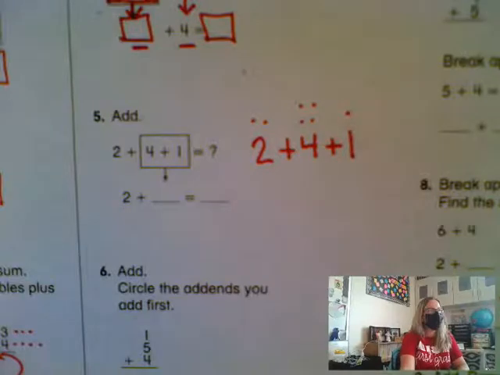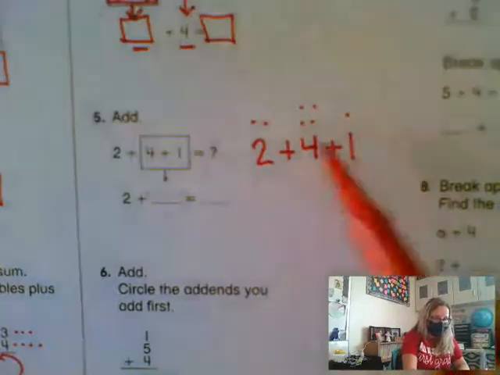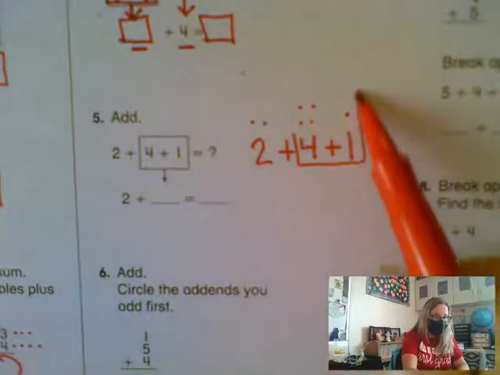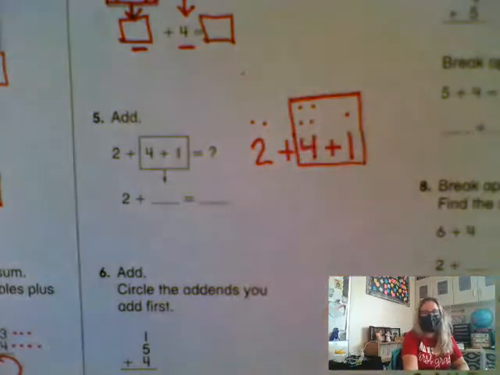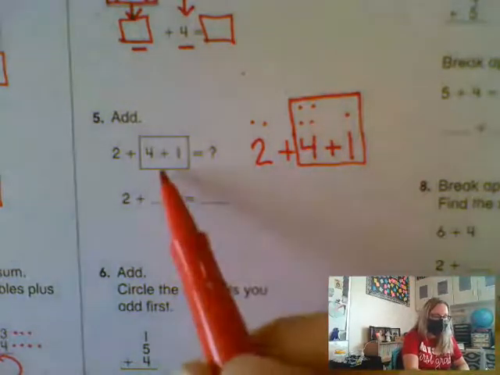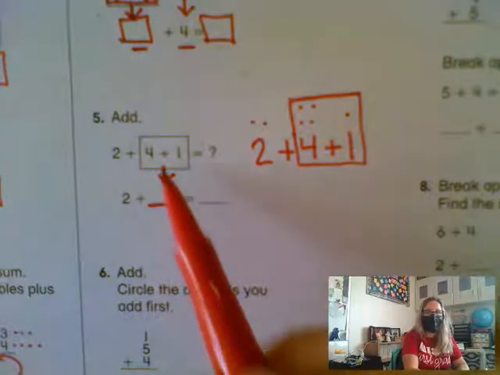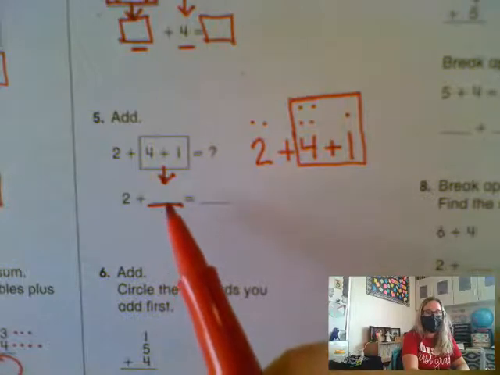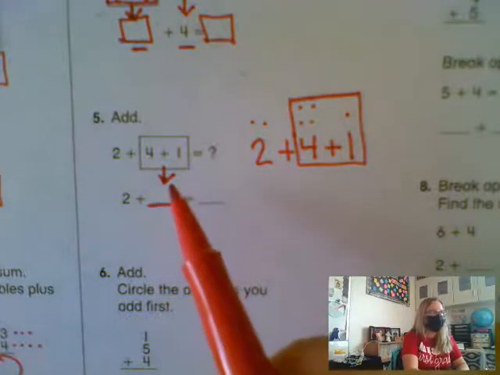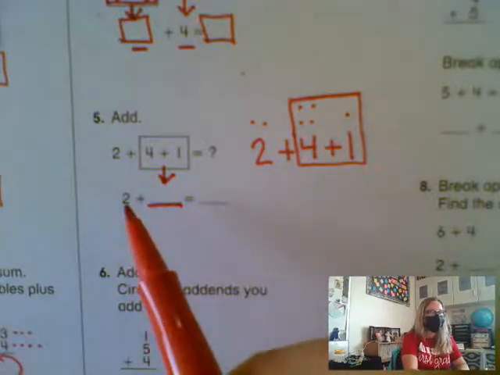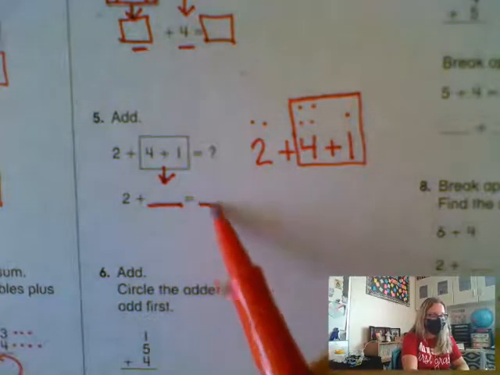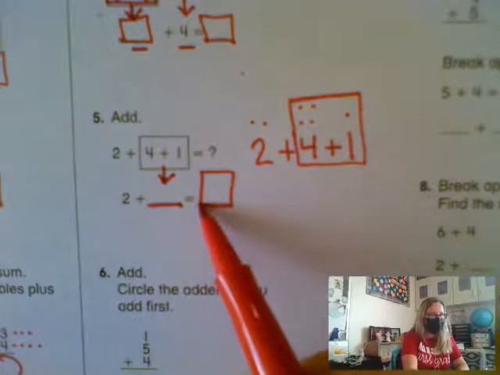But then they're saying to make it easy on yourself, start by adding the 4 and the 1 first. Figure out how many 4 plus 1 is and put that number here. Once that number is here, add 2 more to it and you'll have your sum, which you can put here.